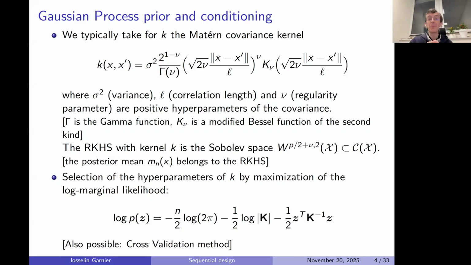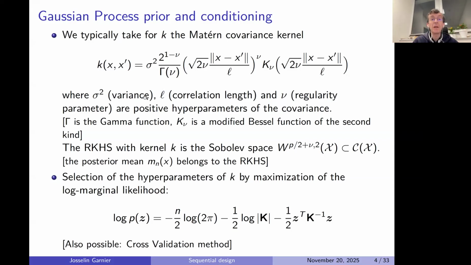So it has a very simple expression, but in the physical domain, the x domain, this Matérn covariance function involves the modified Bessel function K_nu and some complicated prefactor, but everything is here.